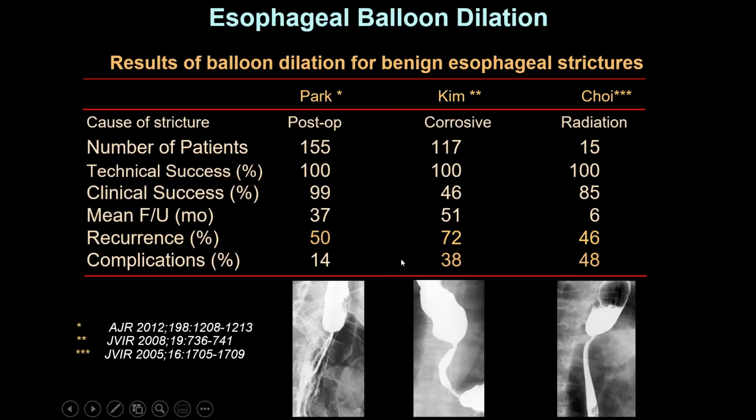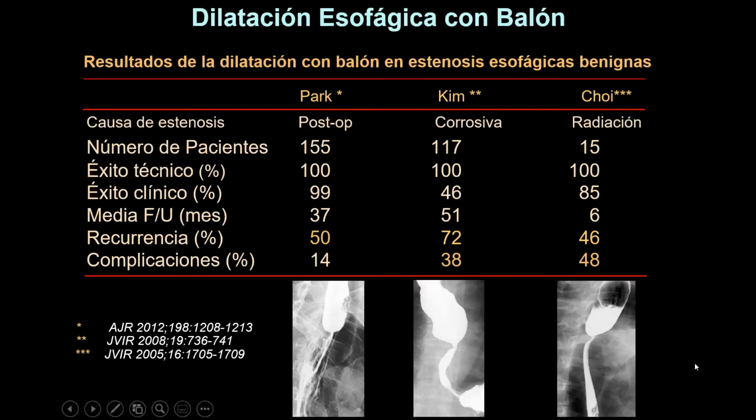Complications, including perforation, are 38% for corrosive strictures and 48% for radiation fibrosis. The question is, what can we do for the patient with frequent recurrences after balloon dilation or complications?